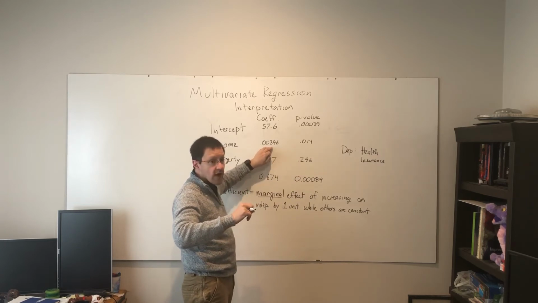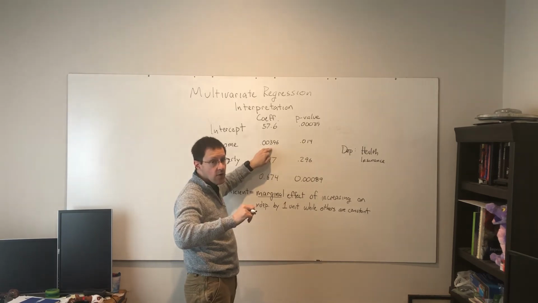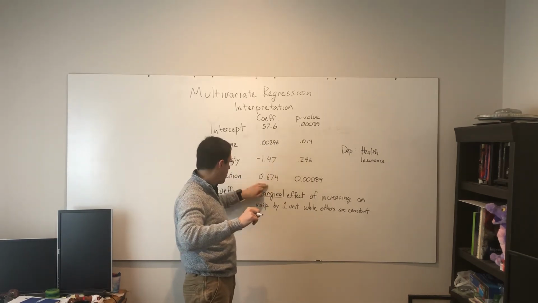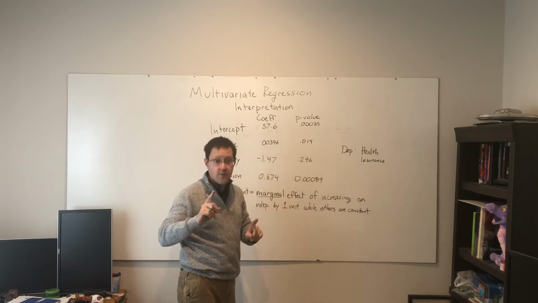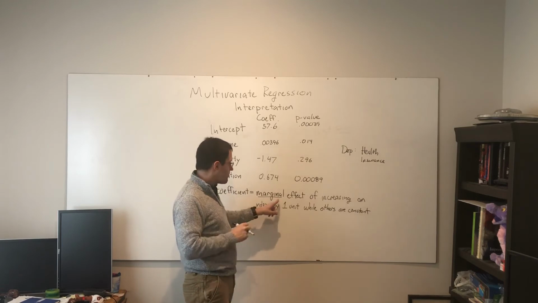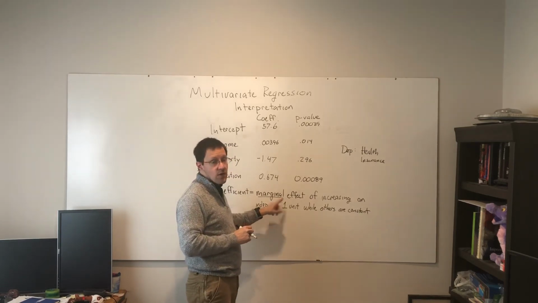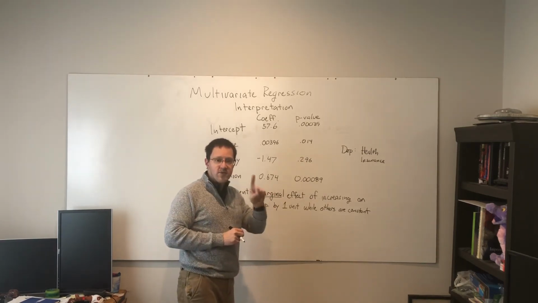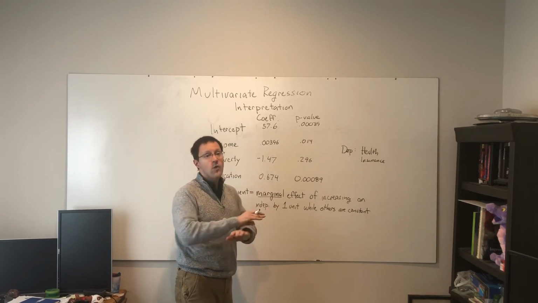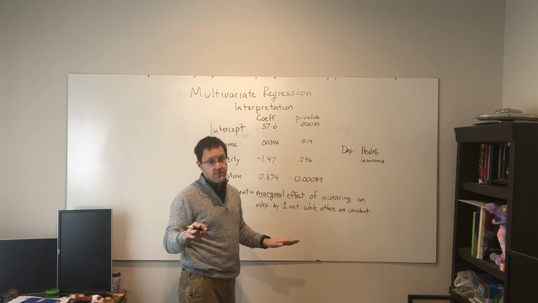But it's also what happens if I increase the per capita income by $1 while keeping the poverty rate the same, while keeping the high school graduation rate the same. So it's now the marginal effect. What happens if I increase that variable and only that independent variable while keeping everything else constant?